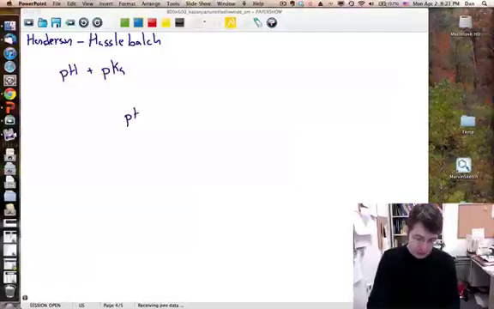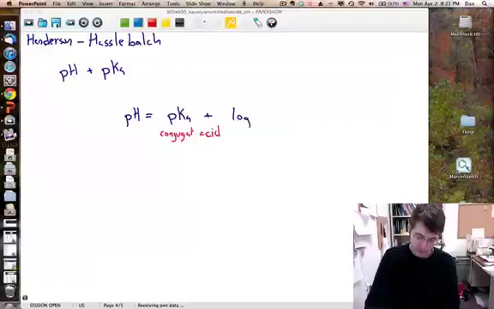The pH of a given system will be equal to the pKa of the conjugate acid plus the log of the conjugate base, which I'm just going to label as base, over the conjugate acid.